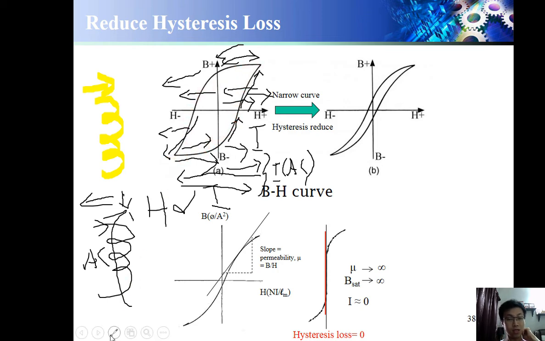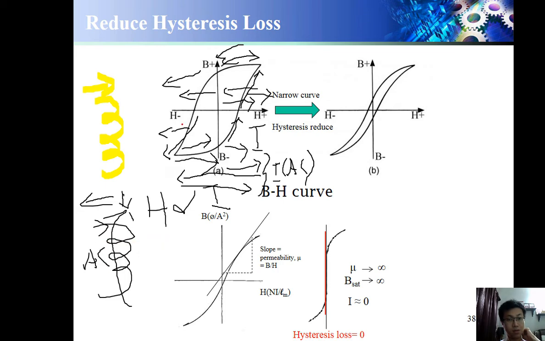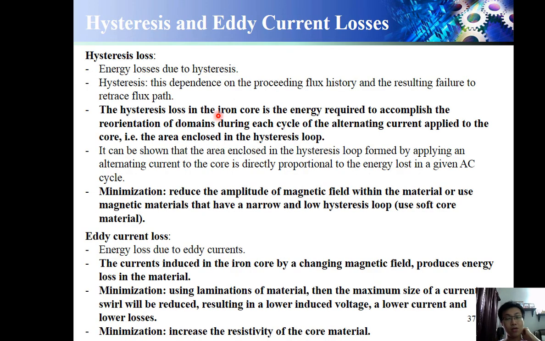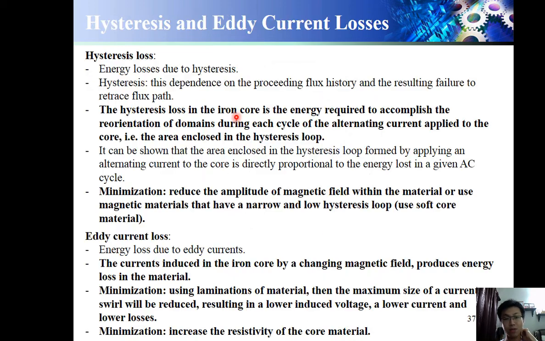This area, we call it hysteresis loss. So the hysteresis loss is actually the area enclosed in the hysteresis loop. The process from here going up and down is the hysteresis loop.